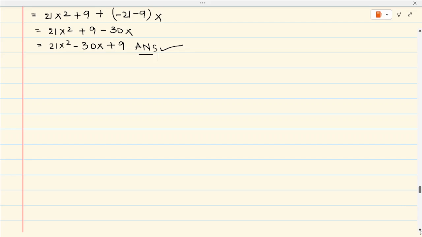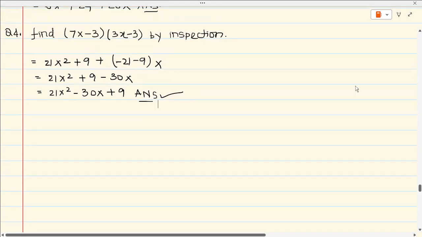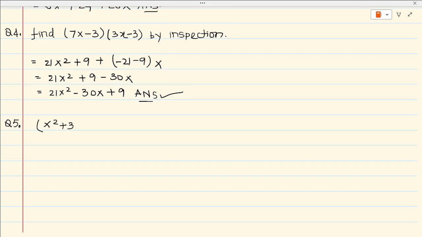Okay, so let us take some more questions, like we have done. This was question number 4. Now let us take question number 5. It is asked to multiply x square plus 3 with x square minus 8.